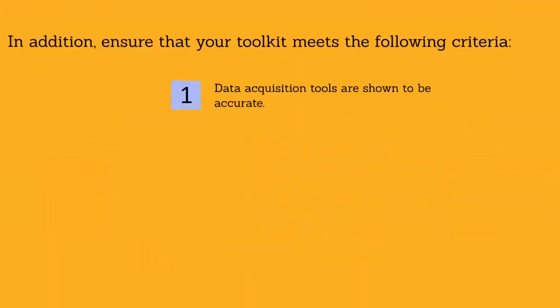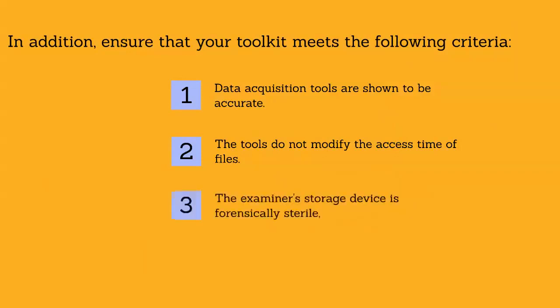Data acquisition tools are shown to be accurate. Proving accuracy is generally easier if you use well-known computer forensic software. The tools do not modify the access time of files. The examiner's storage device is forensically sterile, which means the disk drive does not contain any data before it is used.